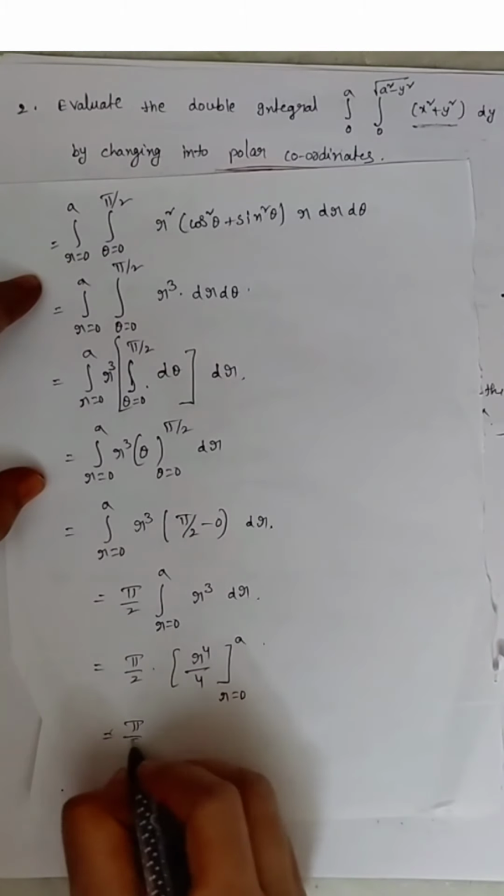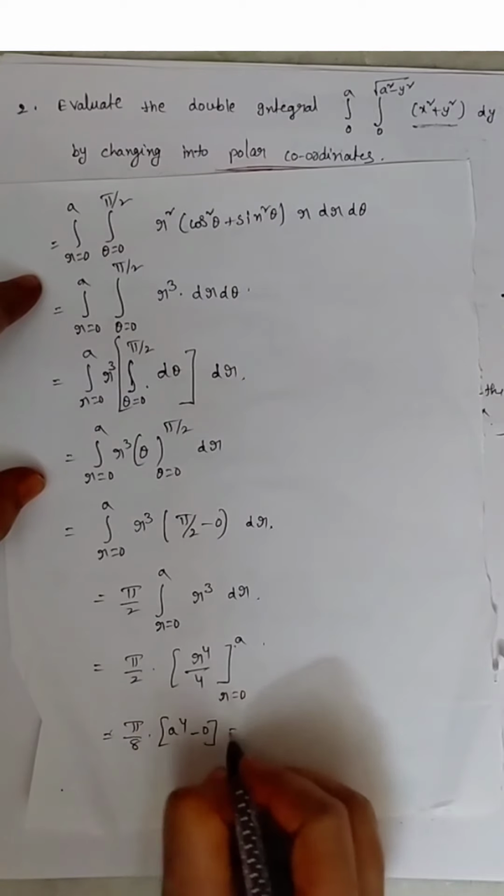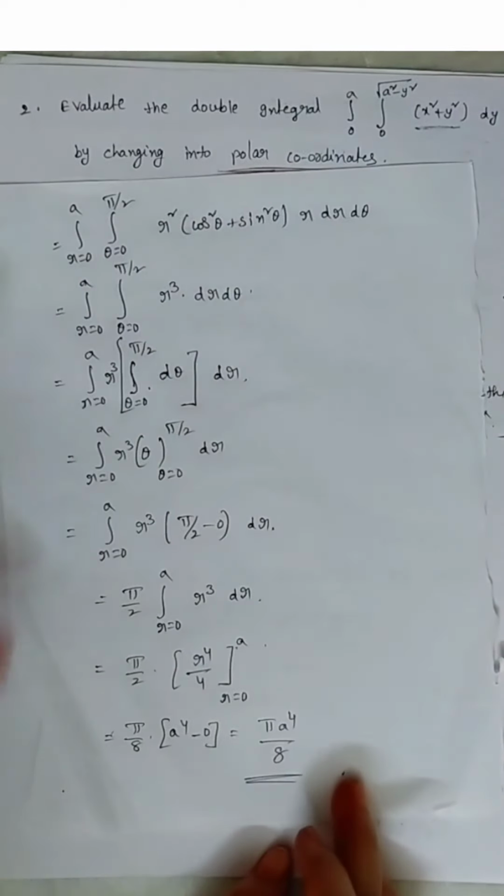So pi by 8, substitute upper limit minus lower limit, a power 4 minus 0. So pi a power 4 by 8 is the answer.